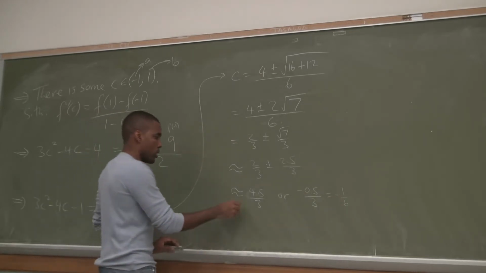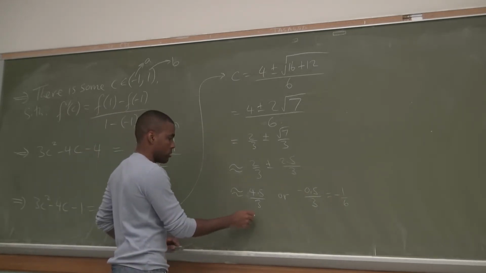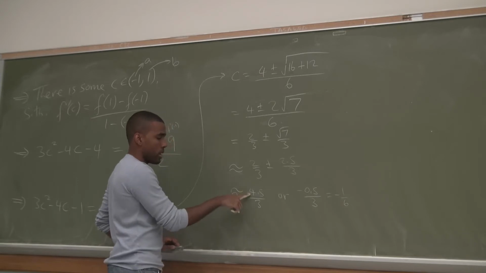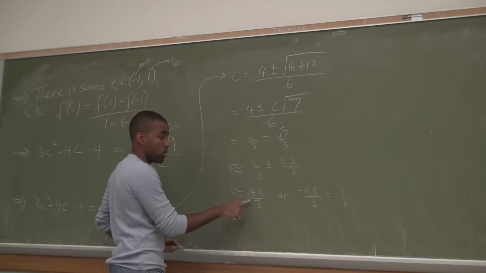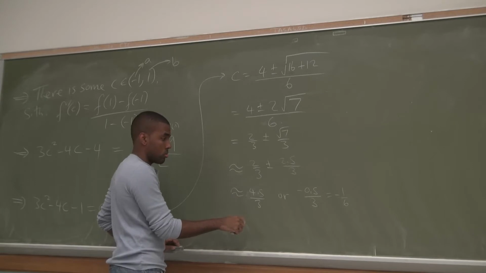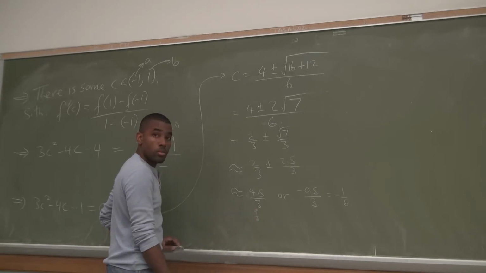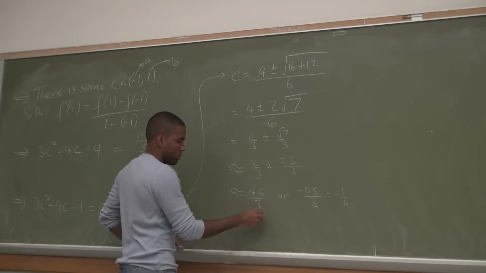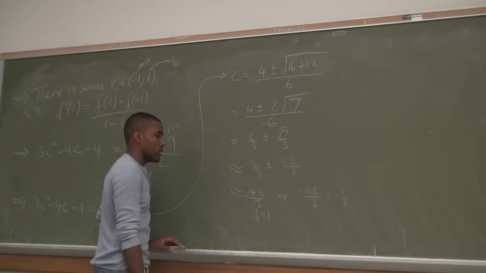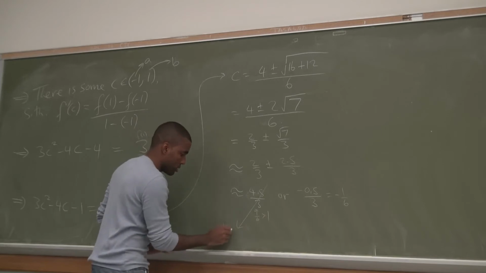And this would be roughly what? 4.5 over 3 is like 9 over 6, right? Which is bigger than 1. So this one you reject.